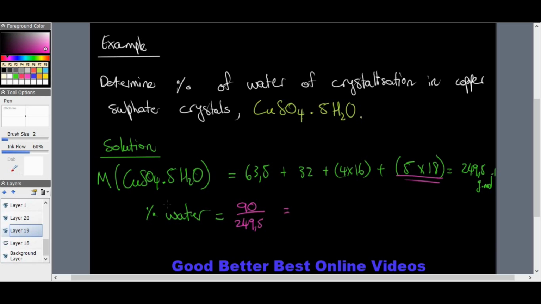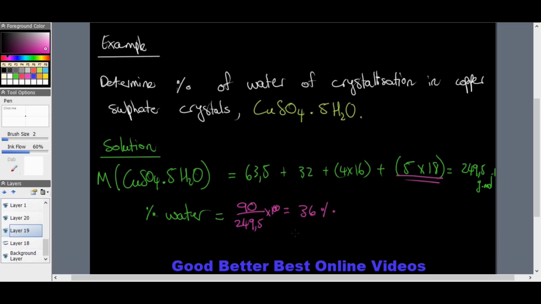Obviously you have to multiply by 100 over 1 to get a percentage. That would equal roughly 36%. The actual figure is about 36.072. We'll give it as a whole number, so 36%.